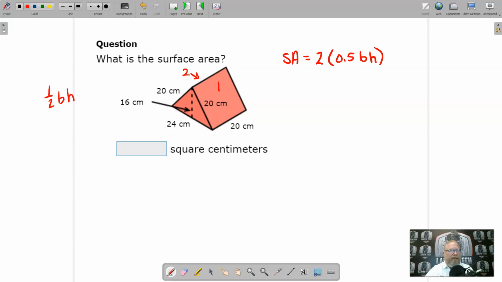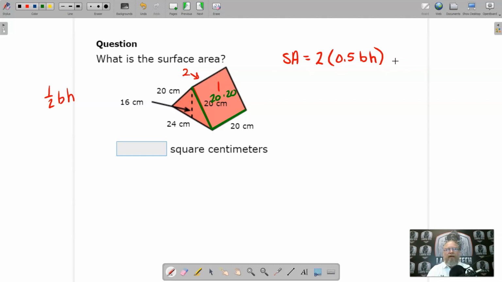Notice they're both the same size because we have 20 here, and maybe I should switch to a different color. That red's not showing up very well. I have 20 here and I have 20 here. So this panel right here is going to be 20 by 20. And that back panel over there is also going to be 20 by 20.